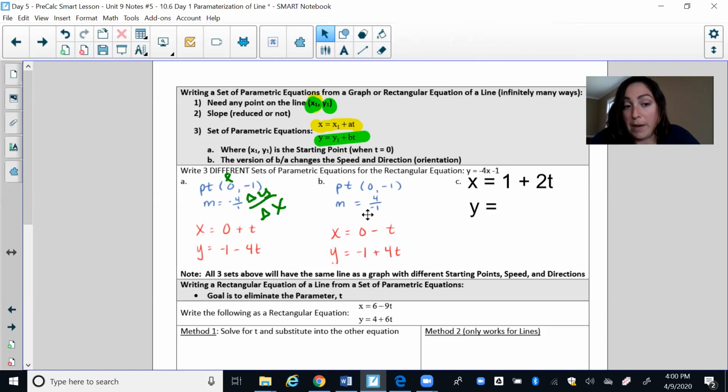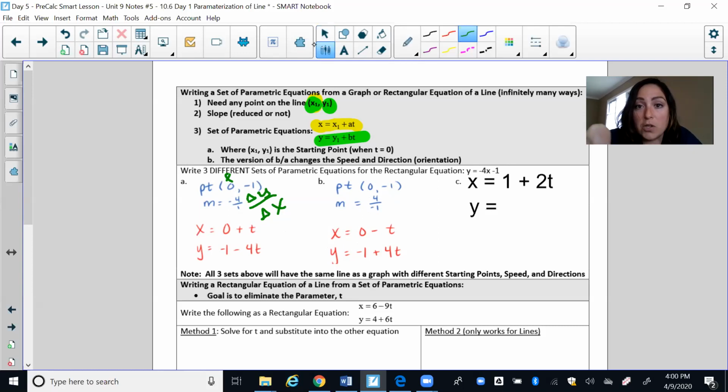So if we're thinking about slope, instead of going down 4, right 1, I could go up 4, left 1. So how do I take that? Well, again, look at the x. I'm starting at 0, but now I'm decreasing 1 every second. So 0 minus 1t. And look at our y. My y coordinate starts at -1, but increases 4 every second. So -1 plus 4t.